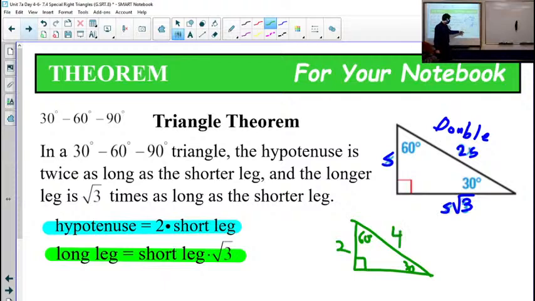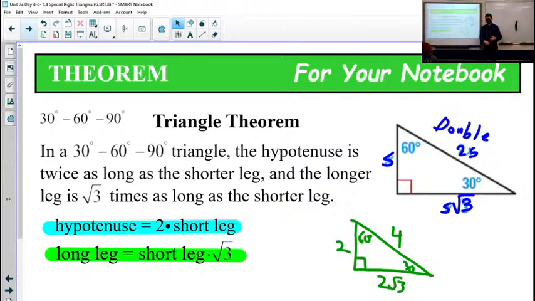And to get the long leg, I know it's the long leg because it's across from the 60. To get the long leg, I take my short leg and multiply by square root of 3. And I found all 3 sides, done. That's how quick some of these problems can go. It is just following that pattern.